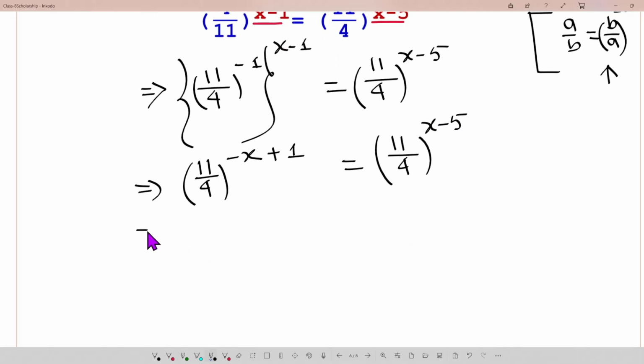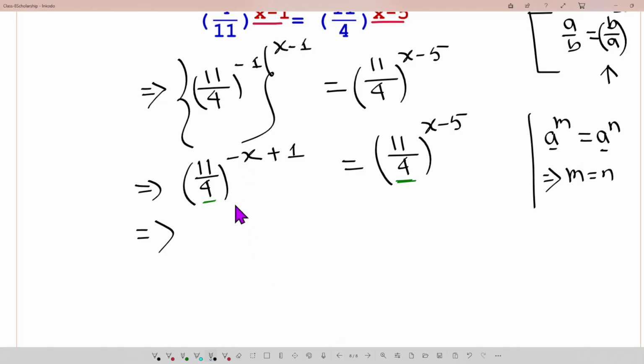Okay, now look, both bases are the same. It means 11 by 4 and 11 by 4. We know once bases are the same, a to the power m equals a to the power n, it means the bases are the same, so the powers will be equal. In this case we can write minus x plus 1 equals x minus 5.